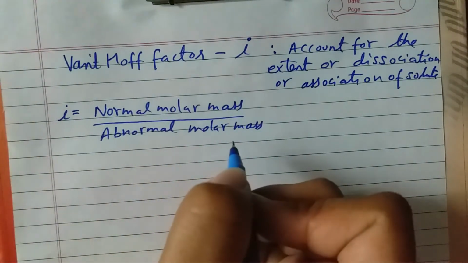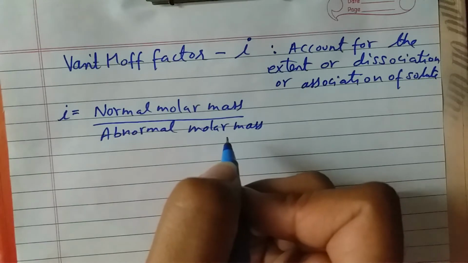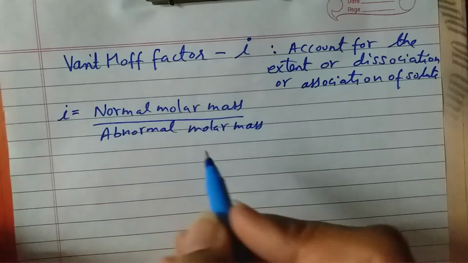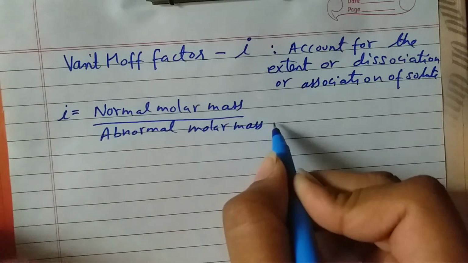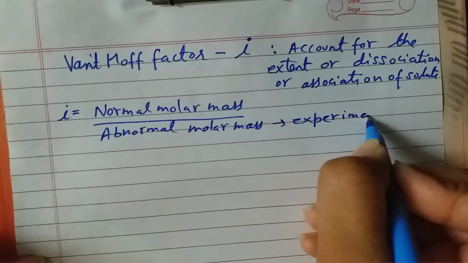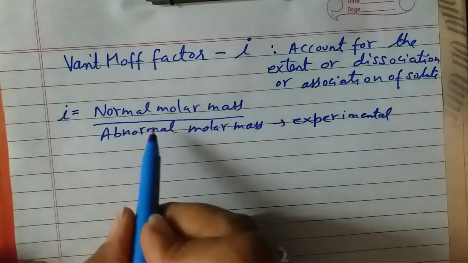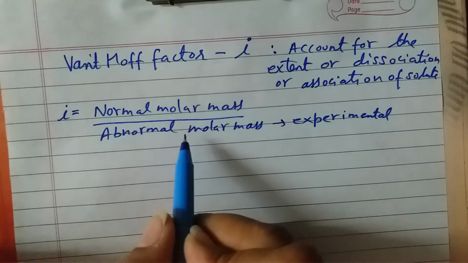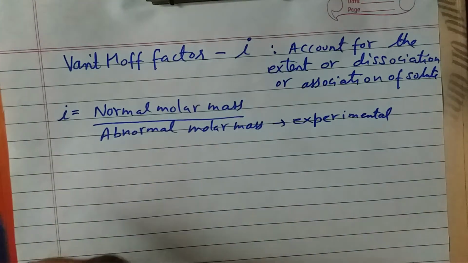The normal molar mass is the one that you expect, and the abnormal molar mass is that you get experimentally. So the abnormal molar mass is the one that you will be getting through experiment. So it's the experimental molar mass, and the normal is the one which you can just calculate by looking at the formula, the molecular formula of the particular solute.